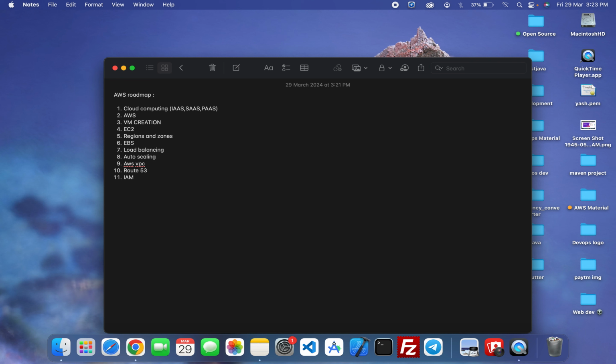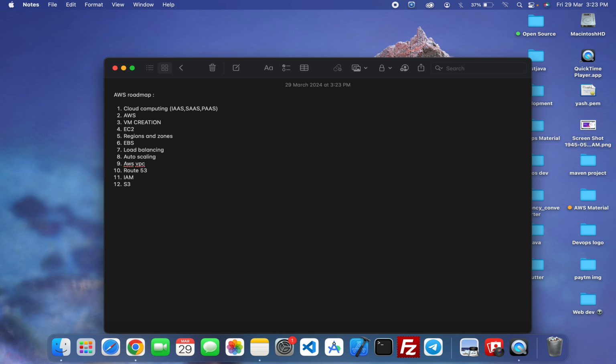So the next topic is S3. S3 is an object storage service. So what is S3? We want to learn about managing buckets, versioning, and what bucket policies are, and how to deploy our static website in S3.